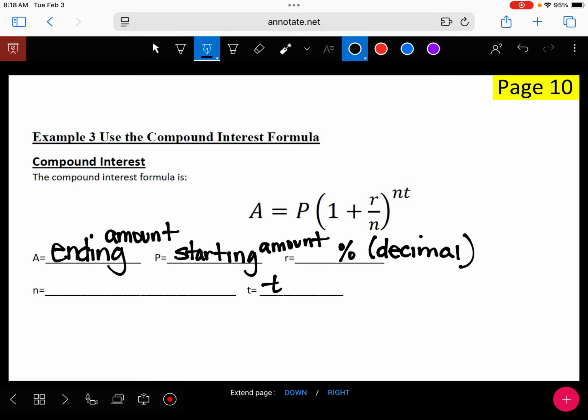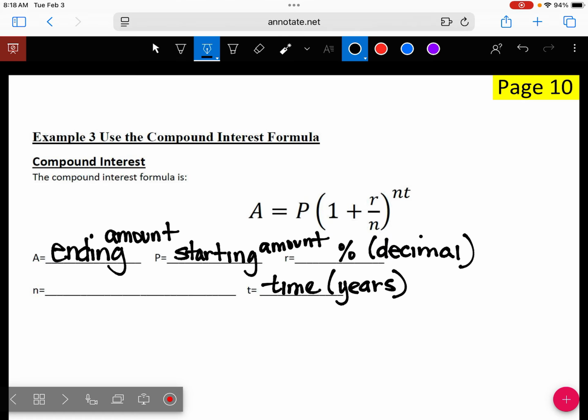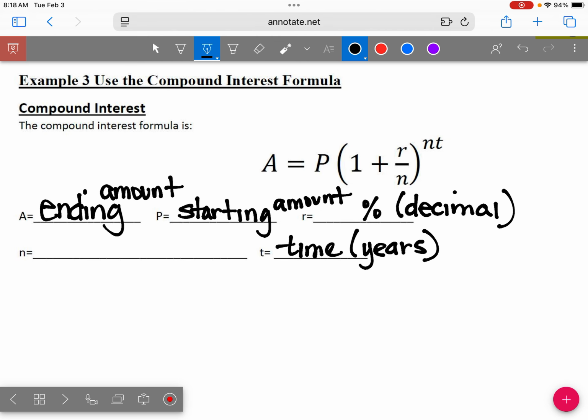T is still time in years. And N is your compound frequency. So this is the new thing. So I'll give you a moment to copy that down. And then we will talk about the different N values.